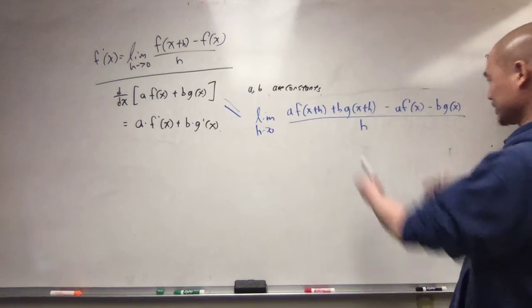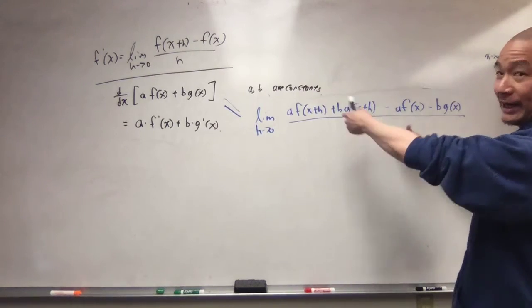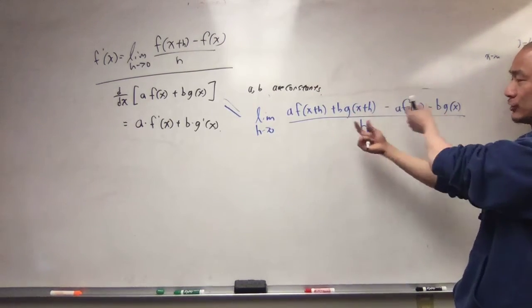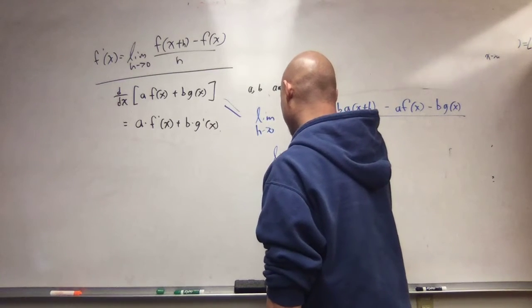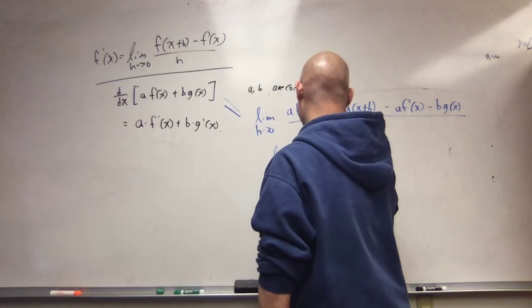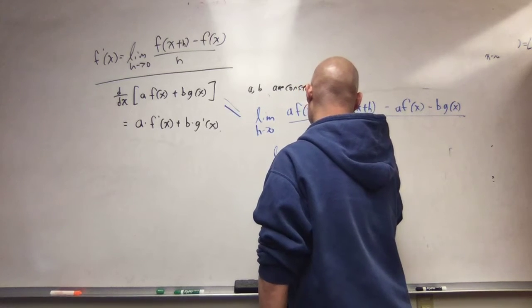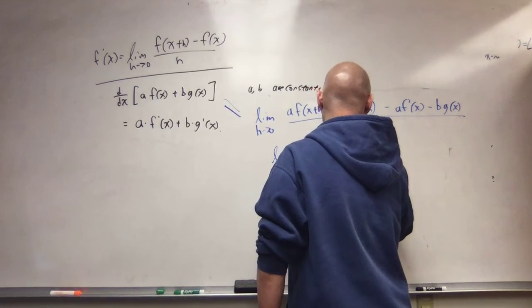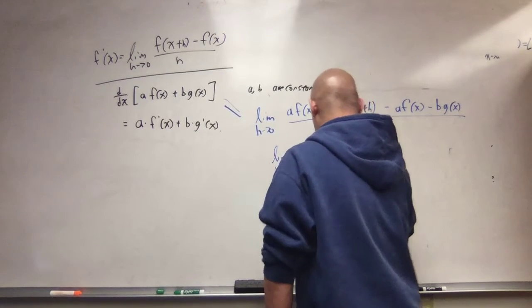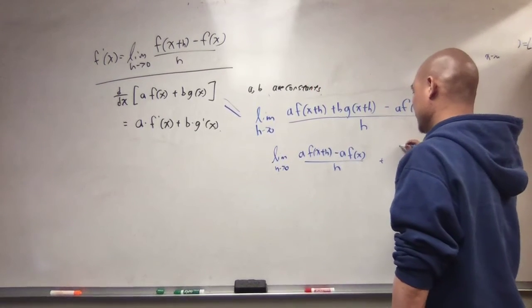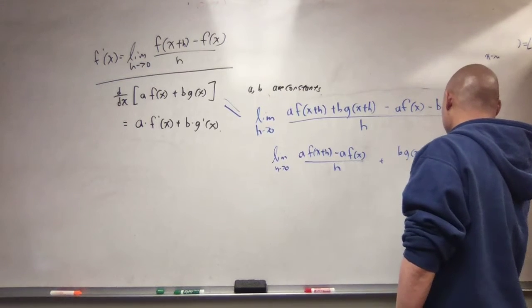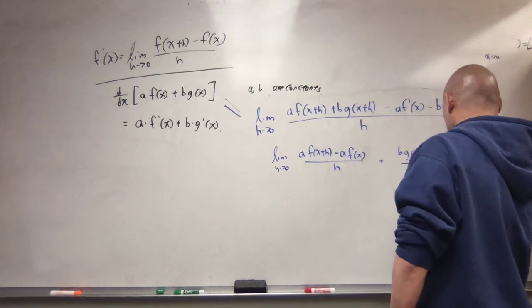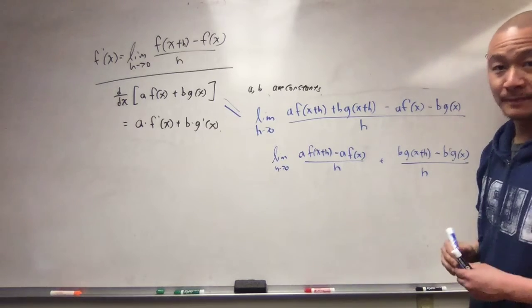And what we just noticed is that we have a big old fraction over h. We can rearrange all of these terms, and we can separate the fraction too. So we get the limit as h approaches 0 of a f of x plus h minus a f of x over h plus b g of x plus h minus b g of x over h.